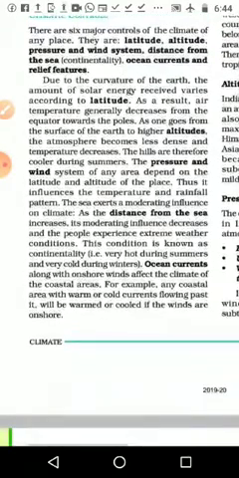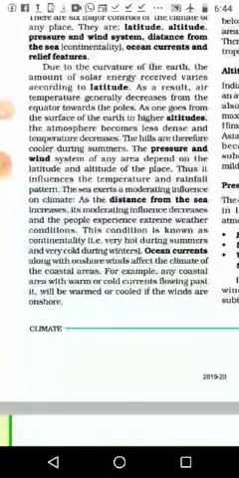Okay, due to the curvature of the earth, the amount of solar energy received varies according to latitude. When we look at latitude, the maximum temperature we get is in the equator area.